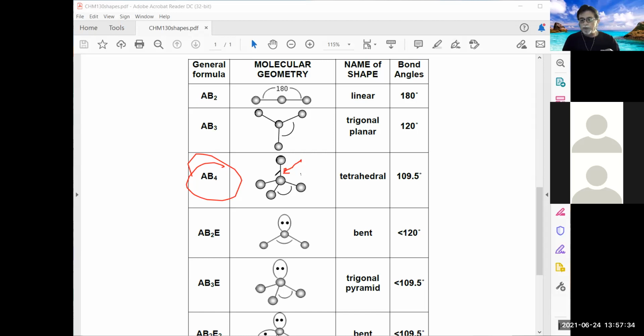Now, if we were to remove one of these moieties and put lone pairs instead, because those lone pairs are two negative electrons no longer being shared, they tend to repel each other. What results is that the bond angle that started off at 109 gets crunched, like an umbrella that's been opened up by a strong wind, inside out. The bond gets crunched a little bit, and you get something that looks like this.